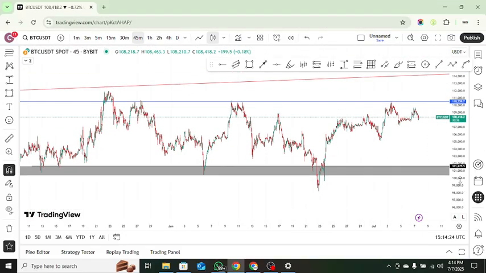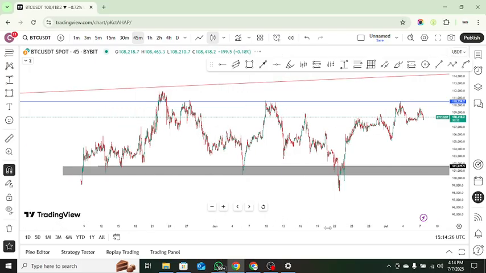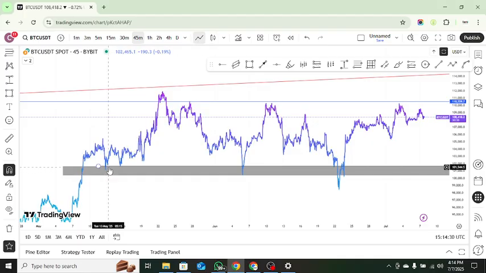Another thing that we will check that the market did previously is that if you change it to a trend line, you can see that the low of this place is higher than the low here, and the low here is higher than the low here. So if you look at it clearly, you can put something like a trend line.